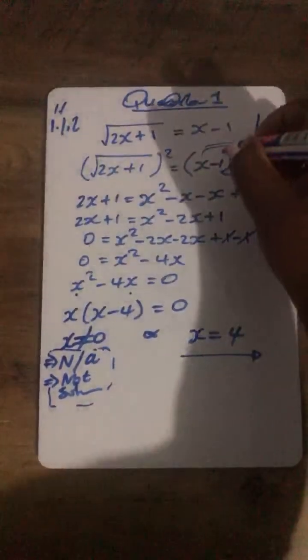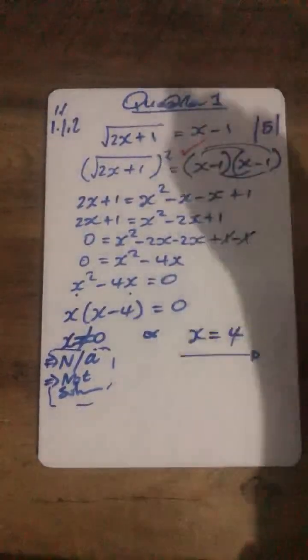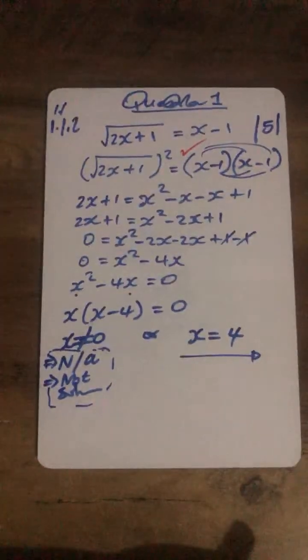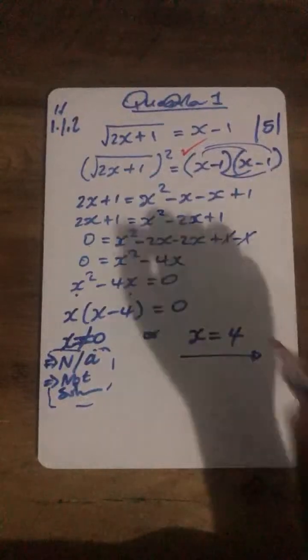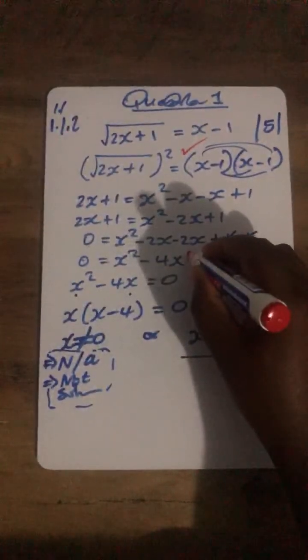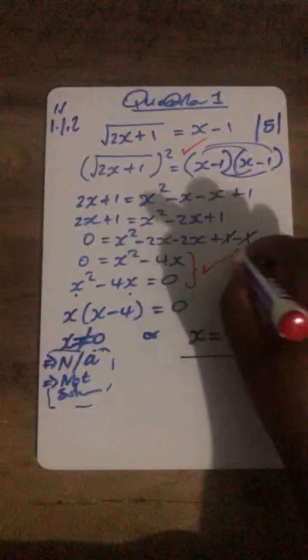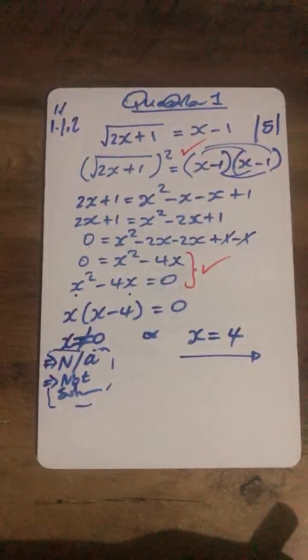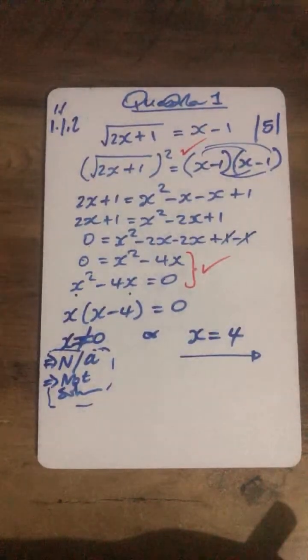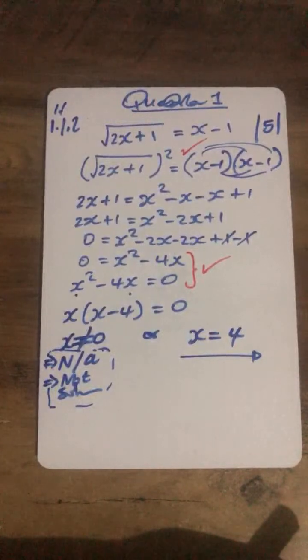And I will give you a mark where you squared both of those, honorable members. And for writing it in the standard form, either this step or the second step, give yourself 1 mark. Where else can I give you marks?